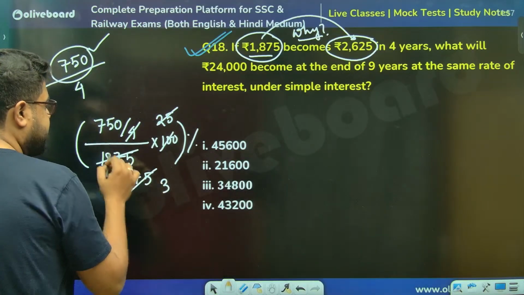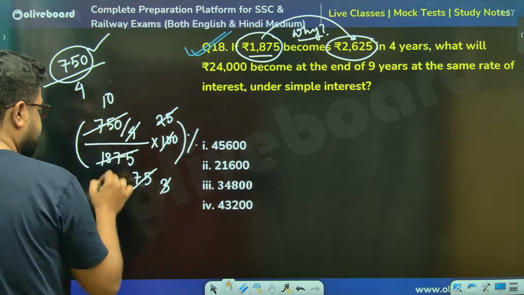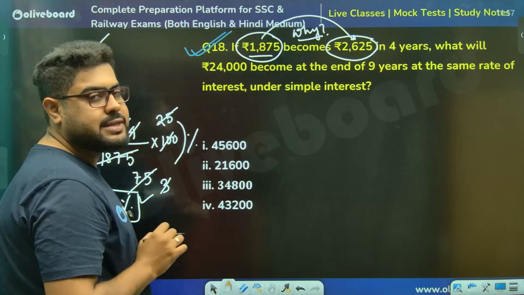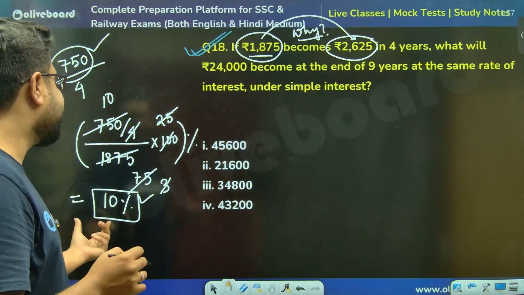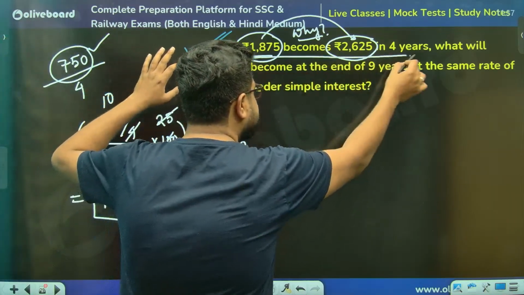So again 25 threes are this, or 75 direct ही कर दो. So it's 10%. So every year we are getting 10% as interest. That's the calculation we had done using this first line.